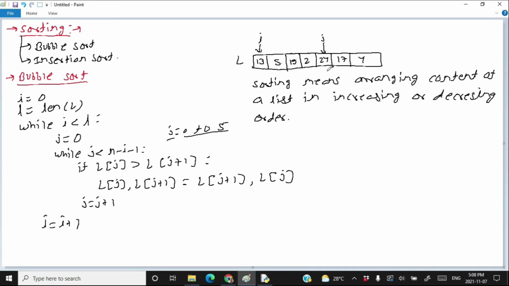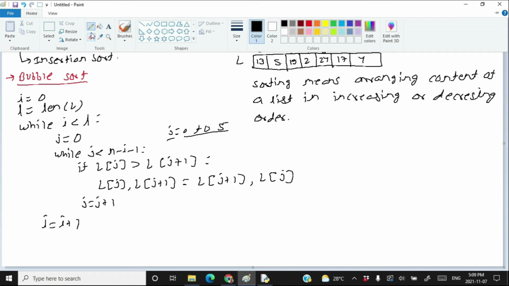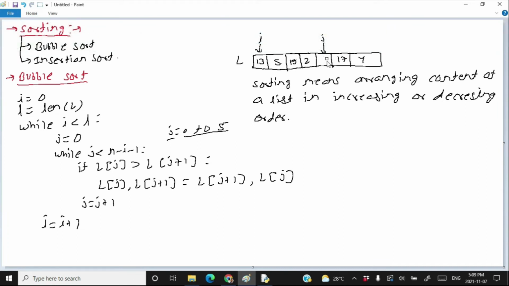Again you swap it because 24 is greater than 17, and increase the value of j. Keep on doing it. See, the outer loop is still stuck at i equal to 0, whereas the inner loop has reached j equal to 5.